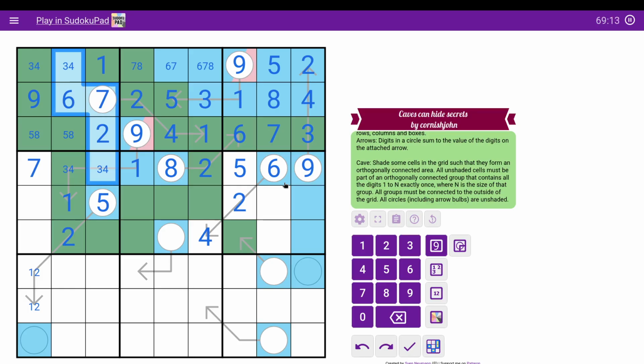Is there another contradiction somewhere that's easier? The contradiction here, to be clear, is that these two digits must be different from each other, but they both see this digit.